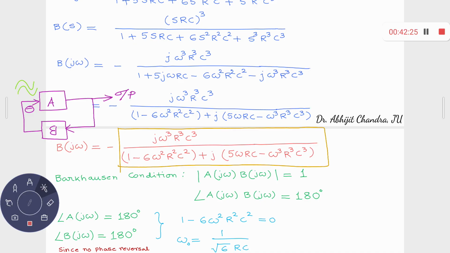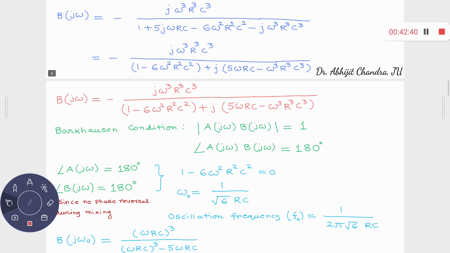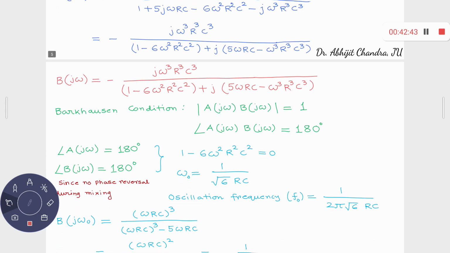So what is the condition? 1 minus 6 ω²R²C² is equal to 0, from where you get ω naught equal to 1 by root 6 RC. Clear?